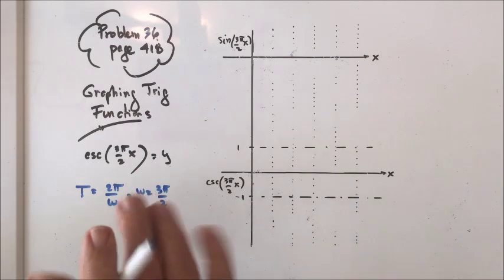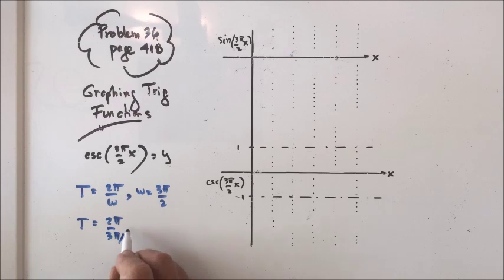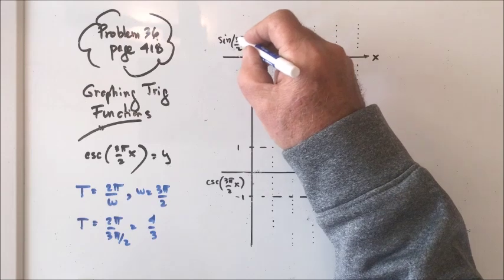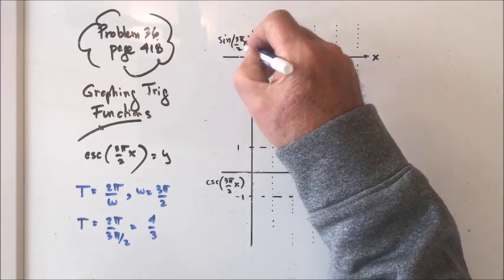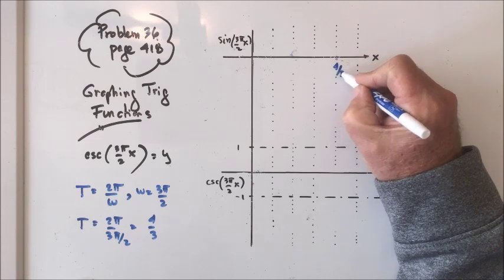So let's compute the period to start off. The period is equal to 2 pi all over 3 pi over 2. That's equal to 4/3, is it not? The 2 goes up there. Yeah, it's 4/3.